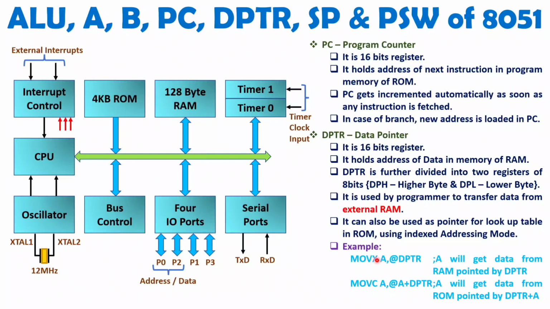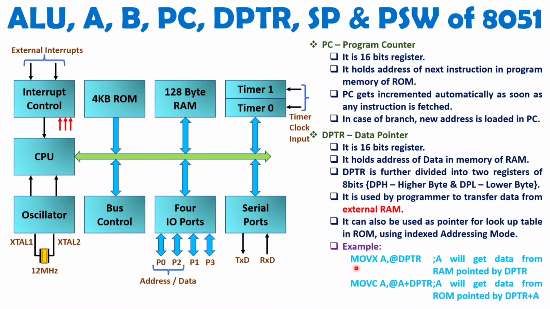When you write X, you use DPTR as the pointer. Normally what we write is MOV A, comma, any address, and it takes the data into A, that is a normal move. But when you use DPTR as a pointer for RAM, you will have to write X over here. So what will happen?